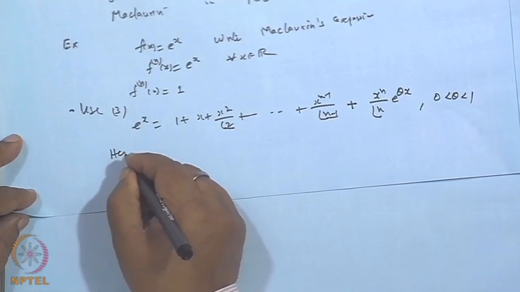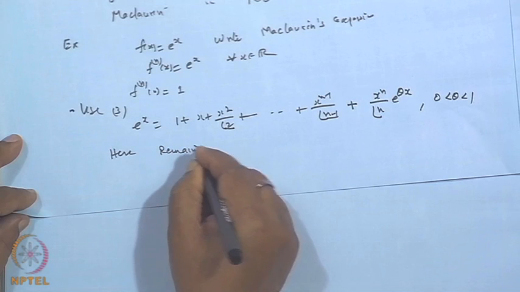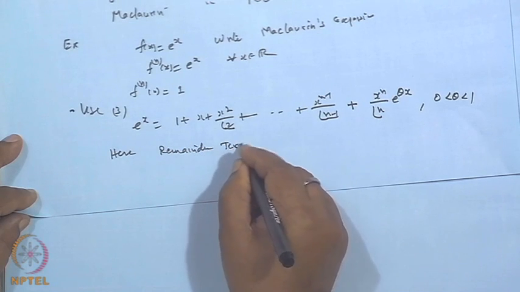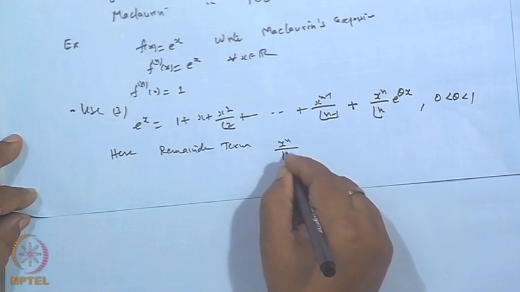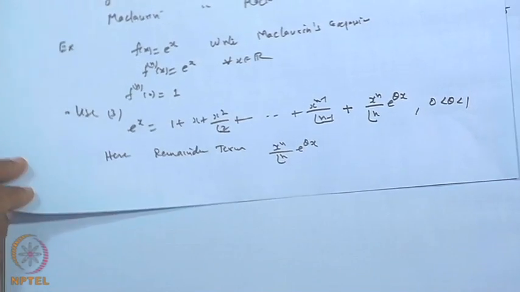So, here the remainder term is x to the power n over factorial n e to the power θx.